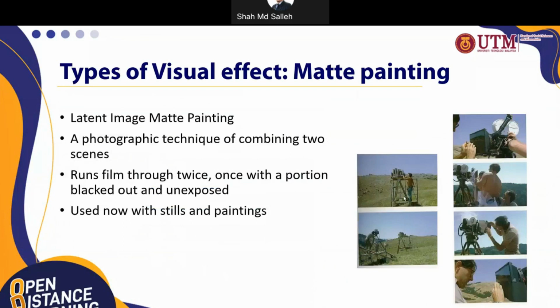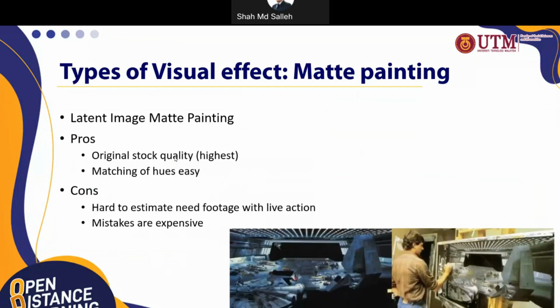Matte painting, as mentioned. Lighten image painting is a photographic technique of combining two scenes. It runs film through twice, once with a portion blacked out and unexposed. It is used now with stills and paintings.